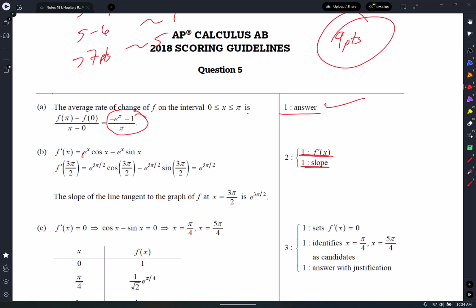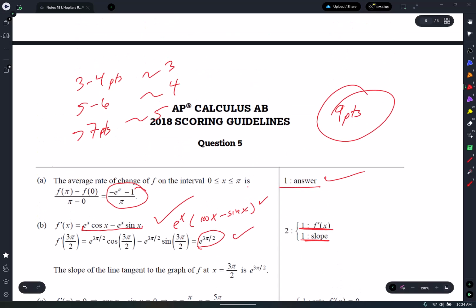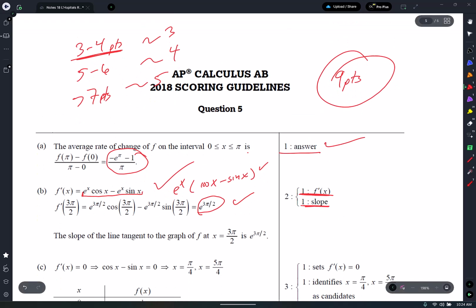Ours is even better because we factored it out. Cosine x minus sine x. All right, we got it. And 1 point for the slope. Did we get e to the 3 pi over 2? There we go. We got 2 points. So we're doing pretty good. We got 3.